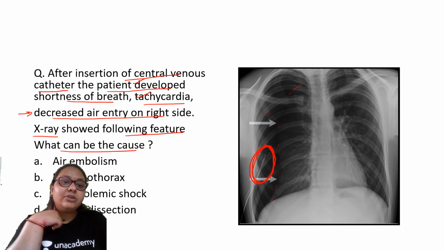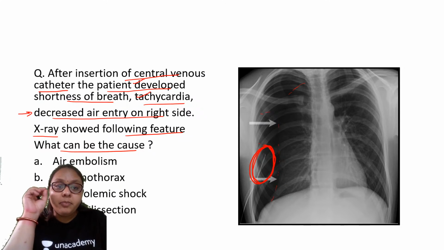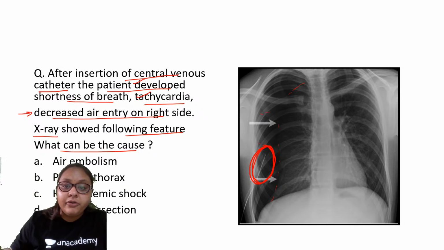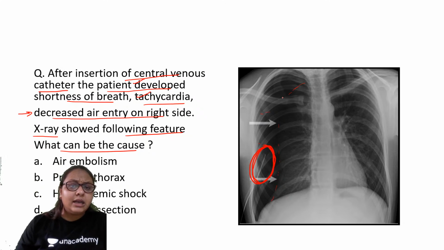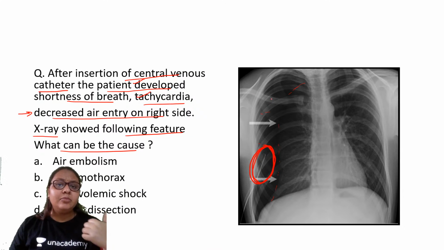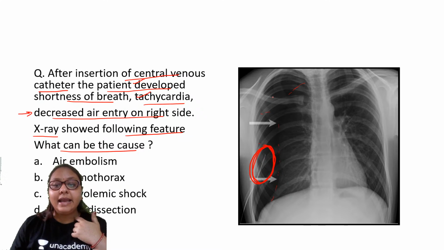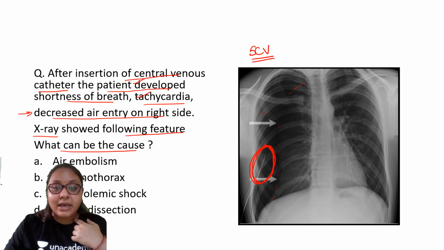Because of the central venous catheter placement, we can puncture and develop pneumothorax, because of injury to the lung apex. It is seen more in case of internal jugular vein access, and we see it more when we access the subclavian vein.